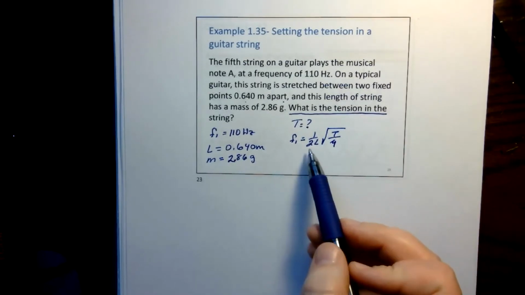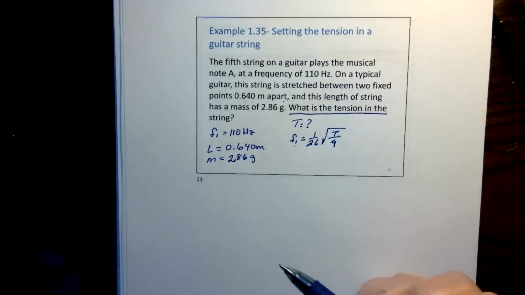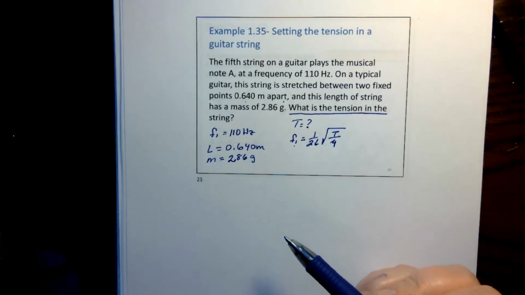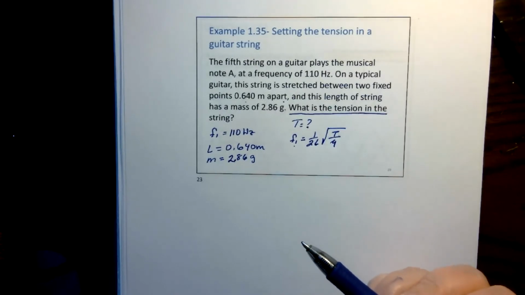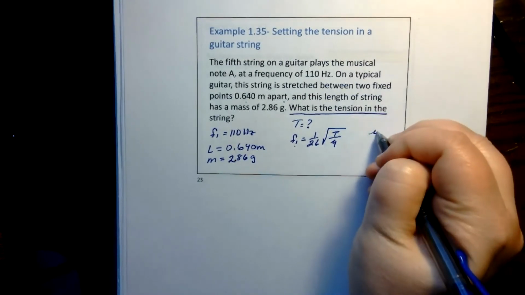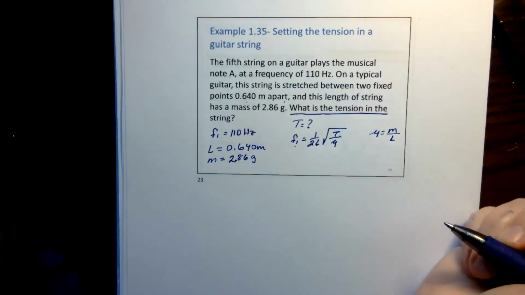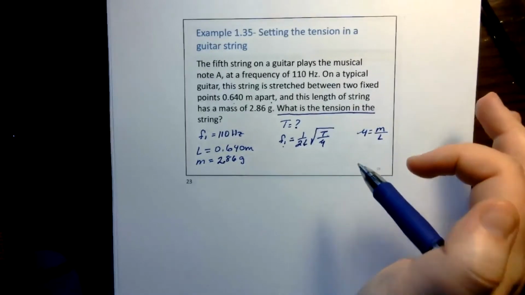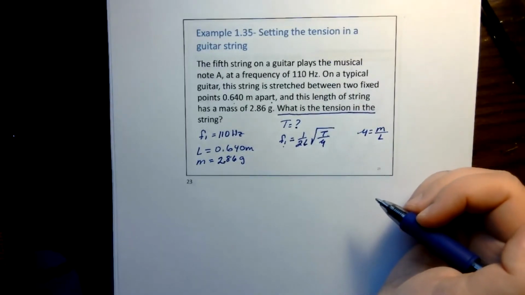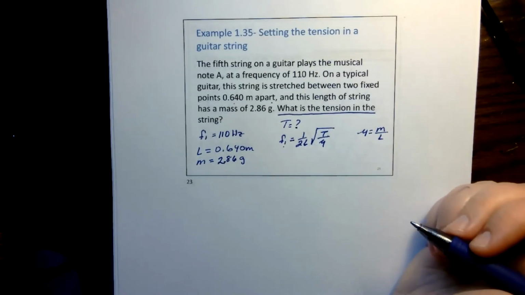Here we have our L, we have our F, we have our T, and we're just looking for this mu. And we can find mu, right? We know mu is mass per length. We know all of that stuff.